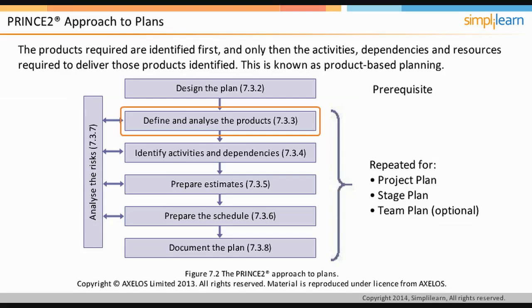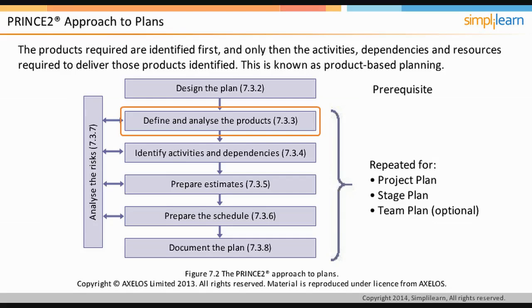The management products are highlight report, project issues, risk register, quality management strategy, etc. Management products are usually items of paperwork that are necessary to ensure the project remains in control and its products satisfy the expectations of the customer.